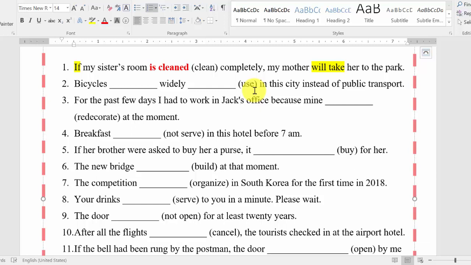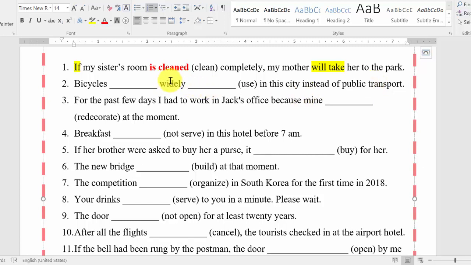We need to see whether it is a fact, a statement, or talking about an action which has been done. In this sentence, you're just describing the usage of bicycles. So it should be simple present tense.